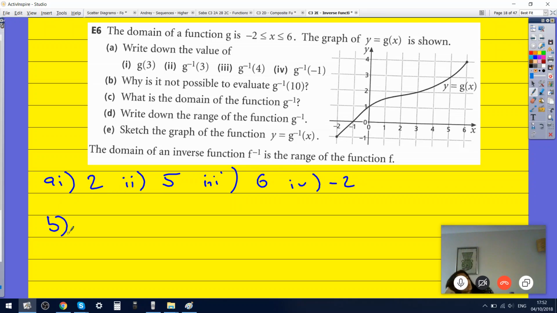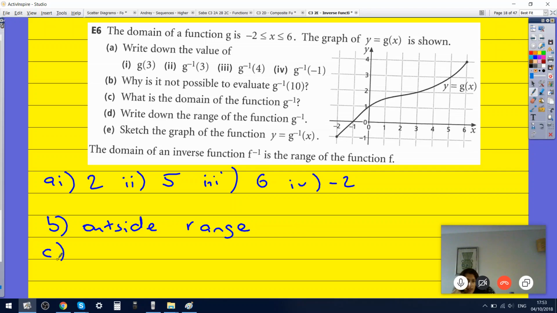Why is it not possible to evaluate g minus 1 of that? Because it's not on the graph? It's outside the domain. Technically I think it's outside the range, because the inverse is the y, and so that's outside the range.